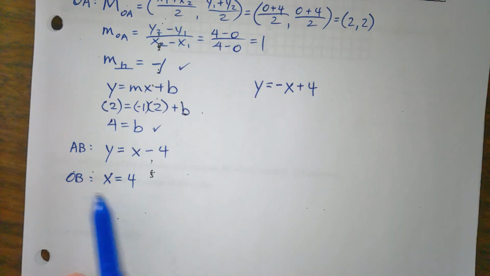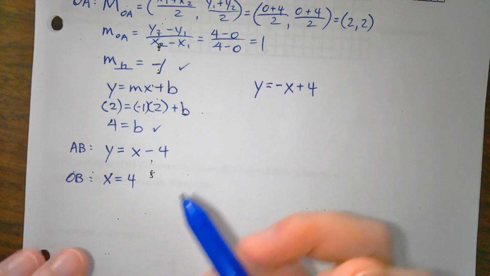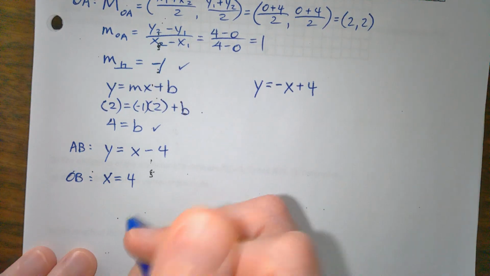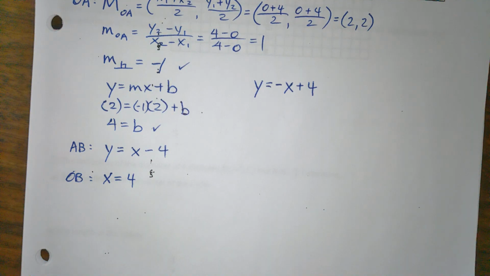But because you have a third line that tells you what x equals, you just sub it in here. 4 minus 4, it is at (4, 0).